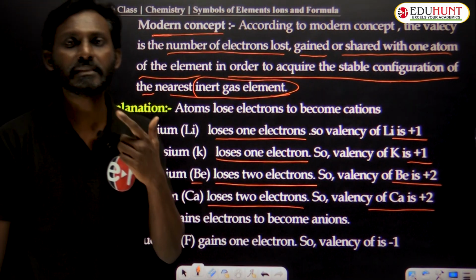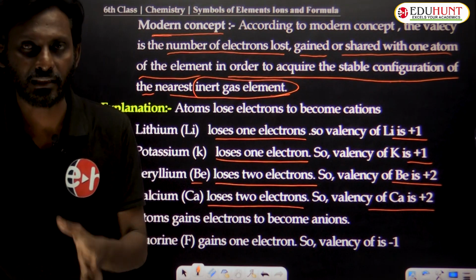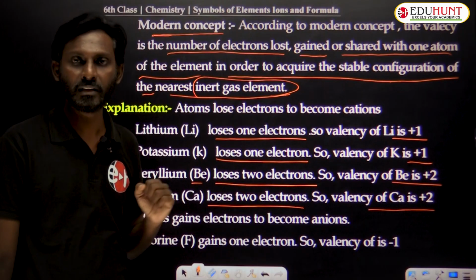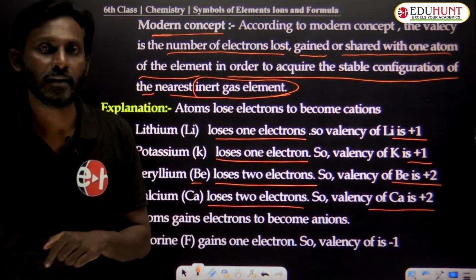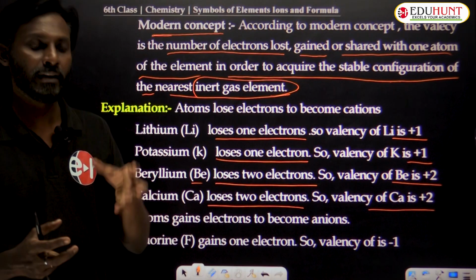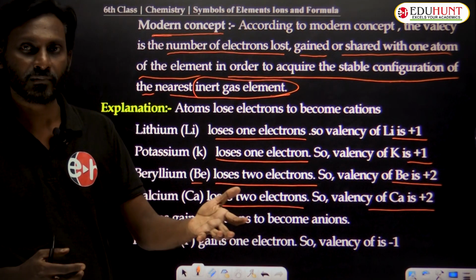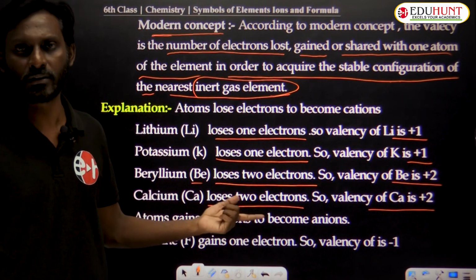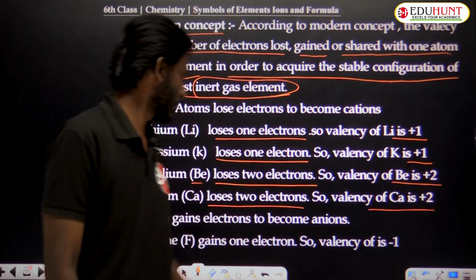So I am using the state; state is nothing but valency. If calcium has lost 2 electrons, according to the definition, the number of electrons lost, gained, or shared by an atom to bond with another atom, then the valency is 2.